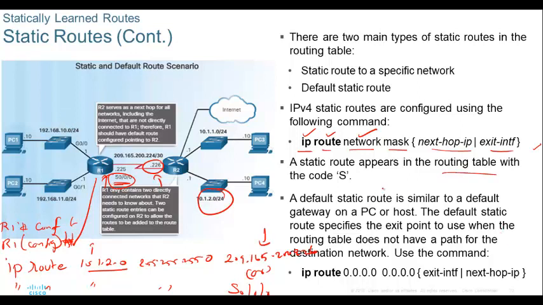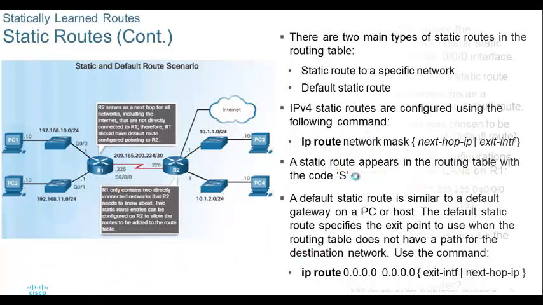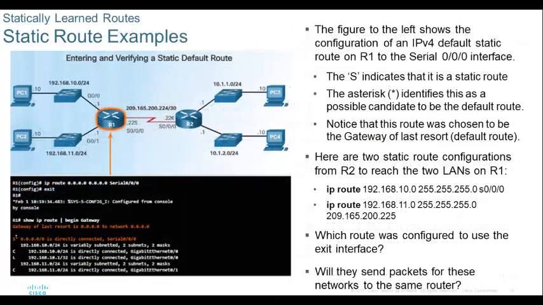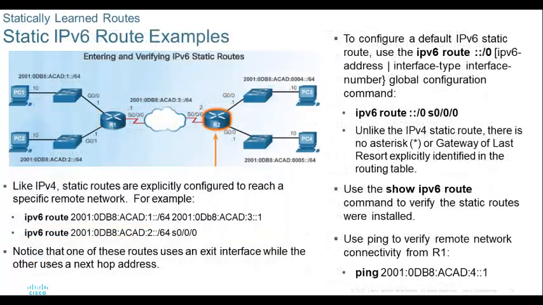Go to privilege mode and type show ip route. Or in any mode, you put do show ip route, if you don't want to go to privilege mode. In that, you will see the route that I have written shown as S, like this.